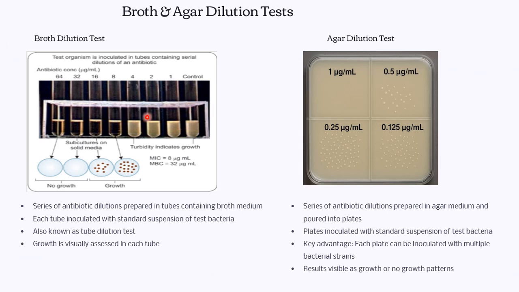Then we pour the agar medium into petri plates and allow for incubation. After incubation, we observe the growth or colonies of microorganism in the agar plate. The advantage of the agar dilution method is that each plate can be inoculated with multiple bacterial strains.